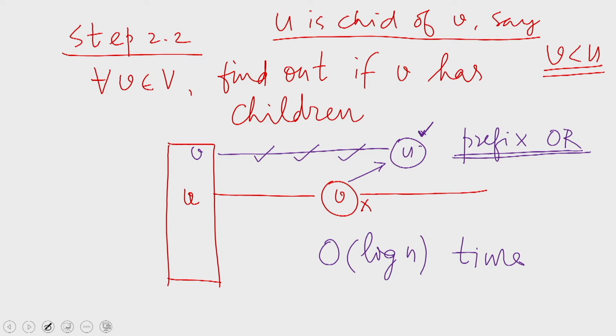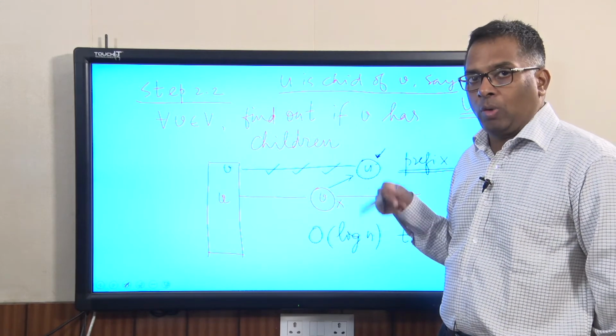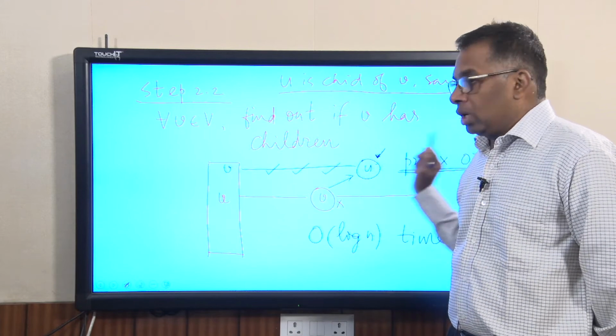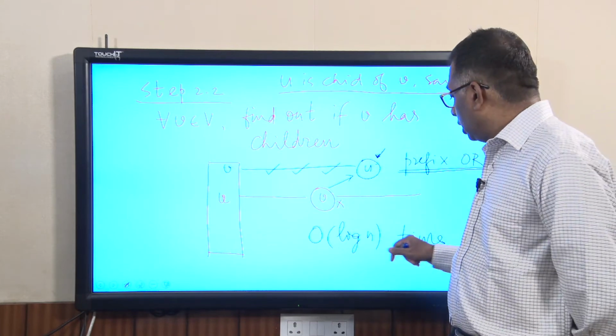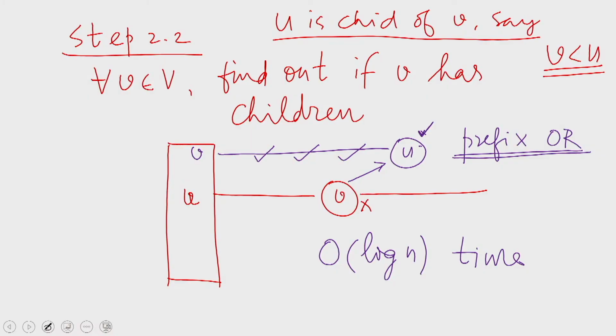Therefore, all we have to do is to check whether v's adjacency list has tick marks for every single v. This can be done using a prefix OR over the adjacency list entries, because you can take these marks as ones and the absence of a mark as 0. This can be done using one round of pointer jumping, which again will take order of log n time, given that we have one processor for every adjacency list entry of the graph. So in order of log n time, we have found out if v has children.